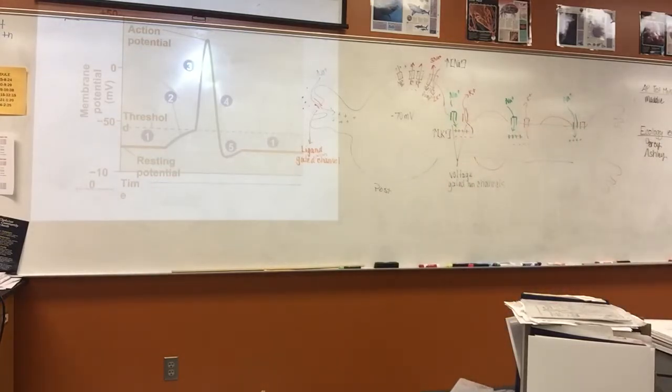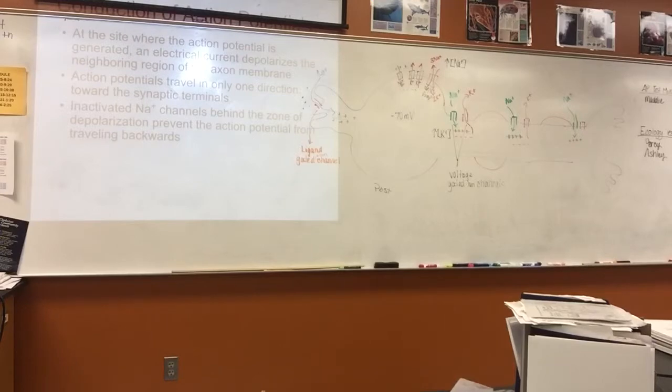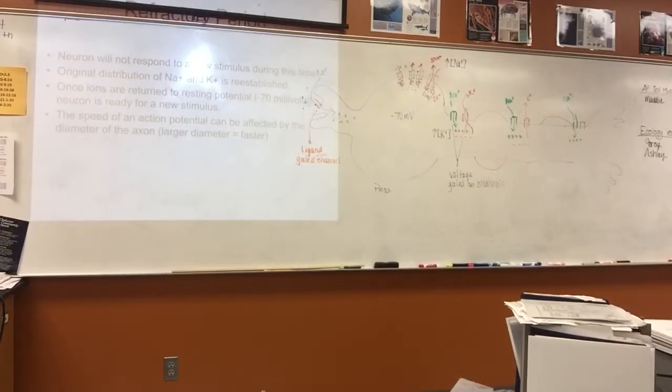All right. So, I skipped this one. There's a period of time called the refractory period. This is a period of time where the neuron will not respond to a new stimulus. During this time, the original distribution of sodium and potassium is reestablished by the methods we were just talking about.